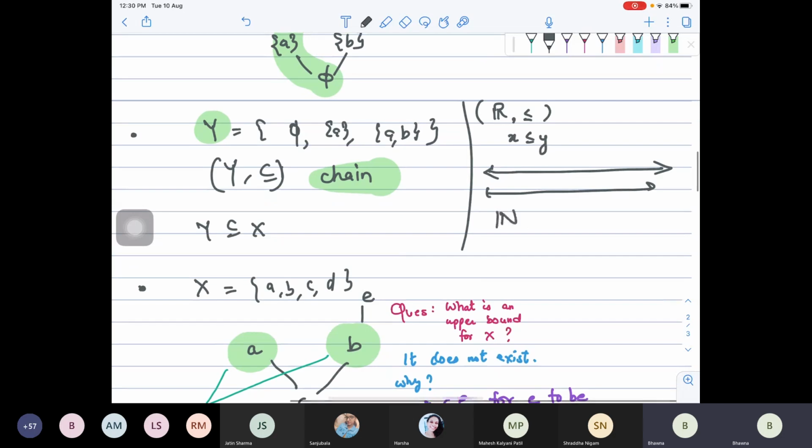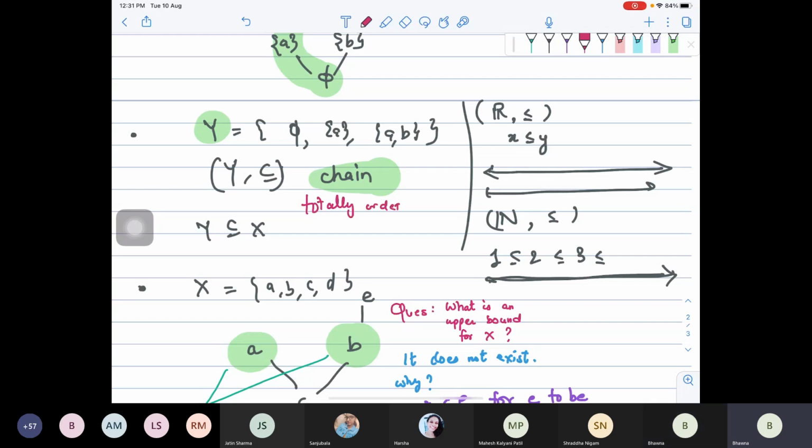If I take N with less than or equal to, then I can always say 1 is less than or equal to 2 less than or equal to 3. So it is a complete chain-like fashion. A chain is nothing but a totally ordered set, that means everything is comparable.